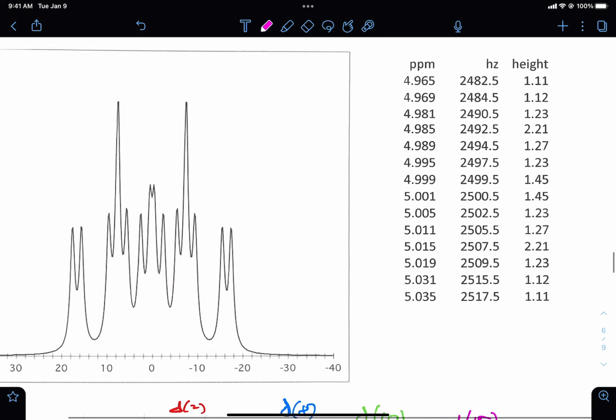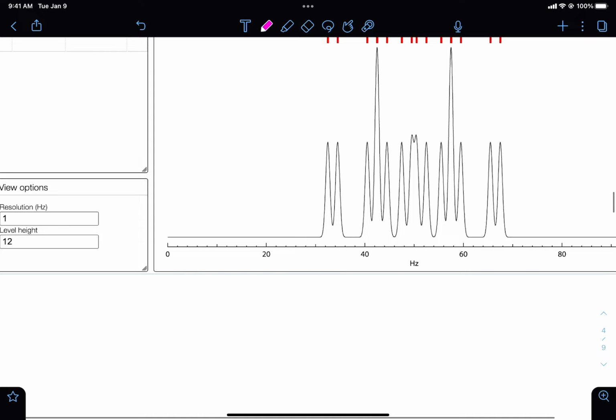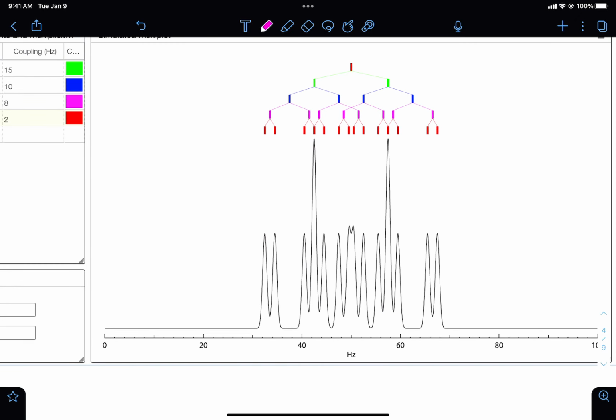And that's what you end up with in our graph. That's in here. It's the pink tier. Those pink doublets overlap, and then each of those pink doublets is split into very small doublets that are separated by 2. And those are where you get our signals.